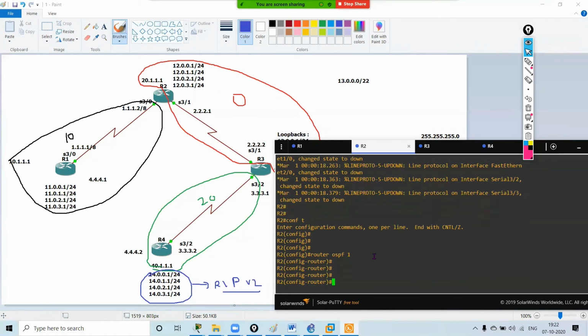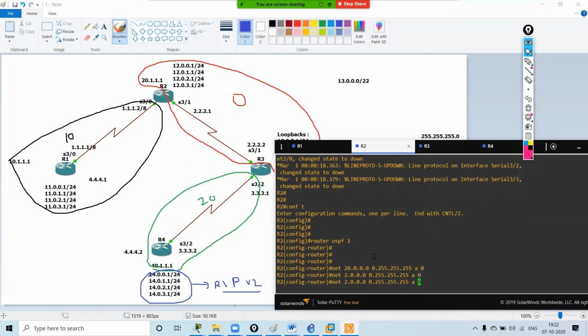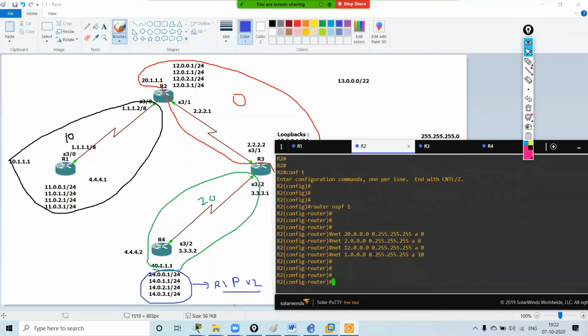Router OSPF 1, network 20.0.0.0 will be in area 0. The 2.0.0.0 network will be in area 0. The 12.0.0.0 network will also be in area 0. And the 1.0.0.0 network is in my area 10.